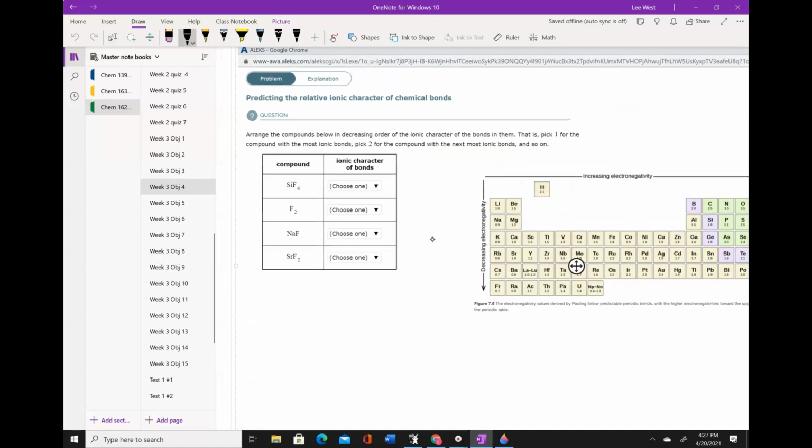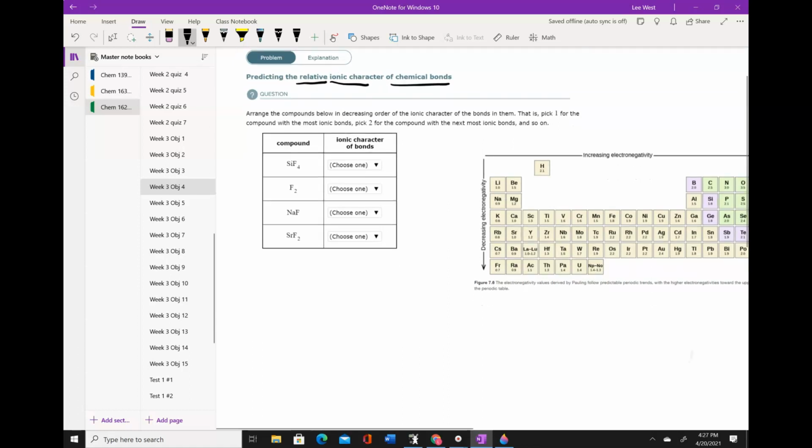Okay, so this is predicting the relative ionic character of a chemical bond.